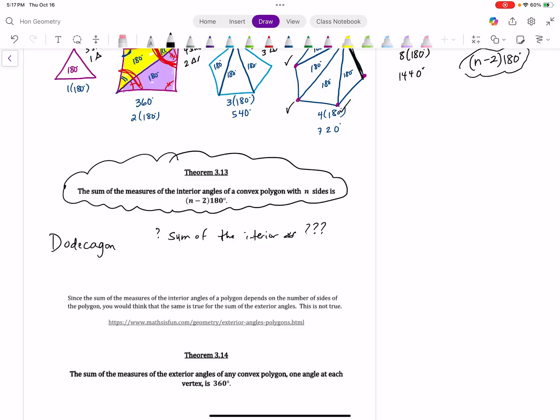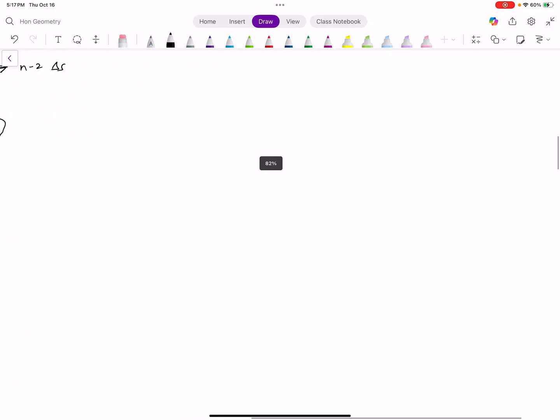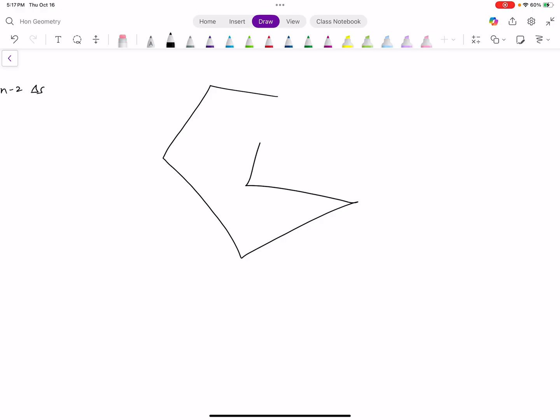Oh, because it's the same reason. Hang on. I was thinking, if I draw a concave one, and I pick a corner right there, like this, this still adds up to 180. This angle, still 180. This angle, still 180.